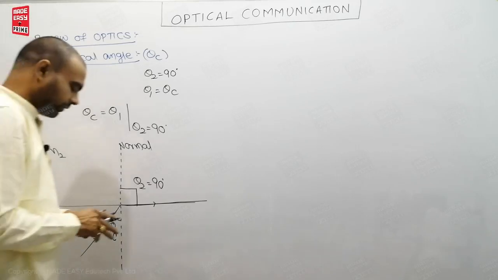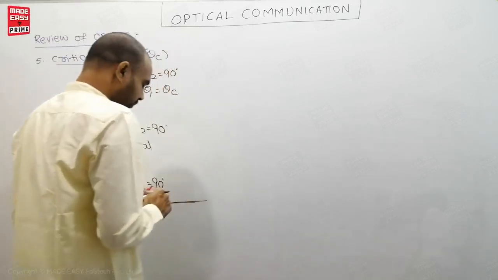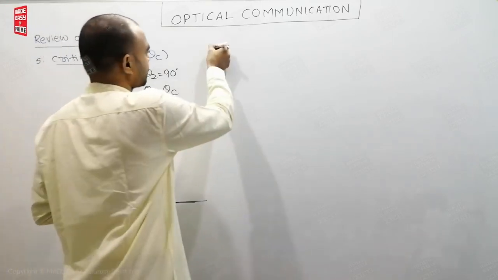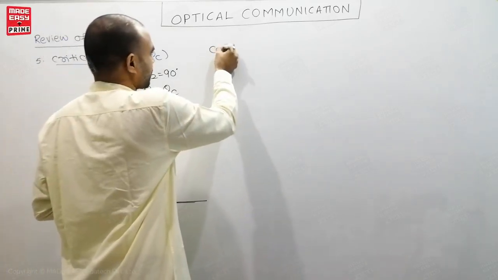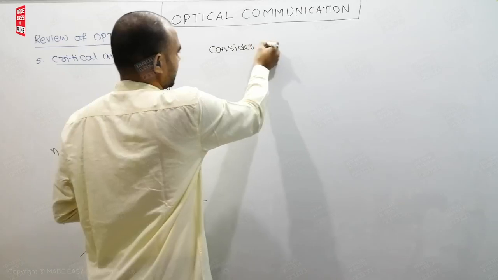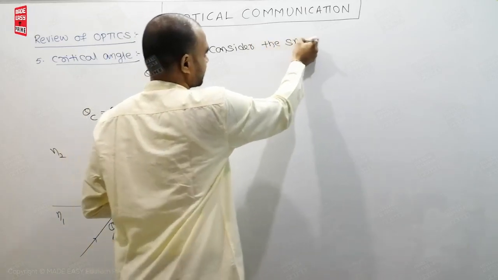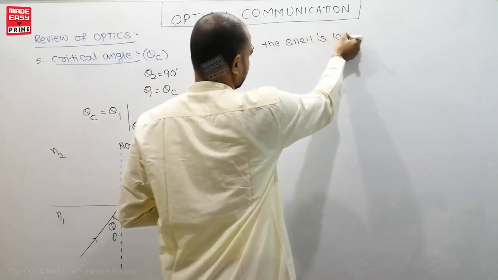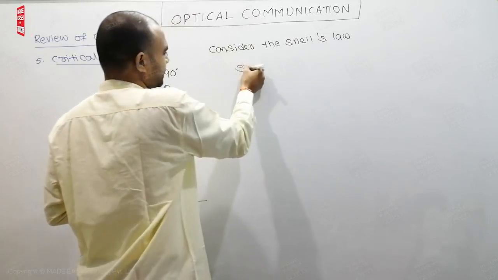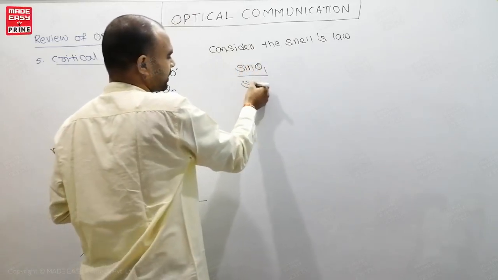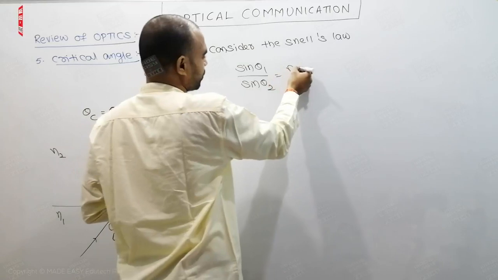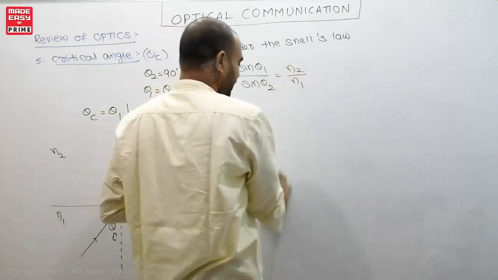Now just see one small point. Consider Snell's law: sin theta 1 upon sin theta 2 is equal to n2 by n1.